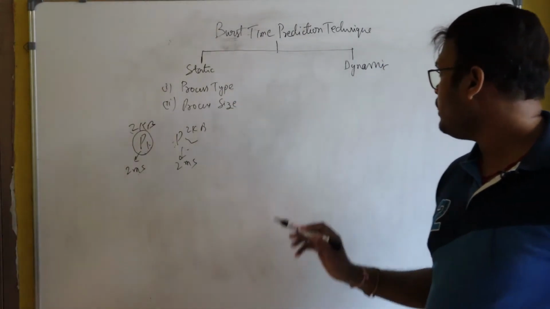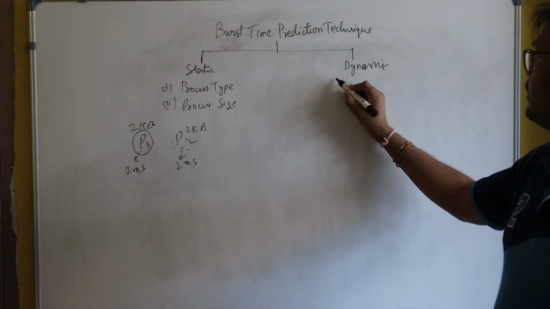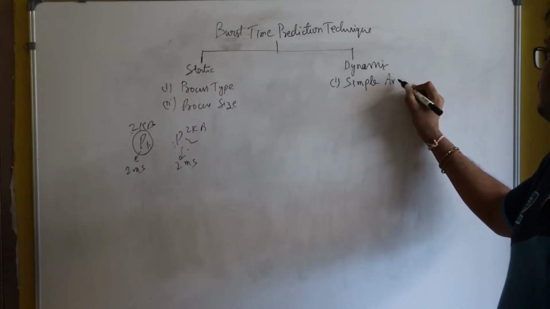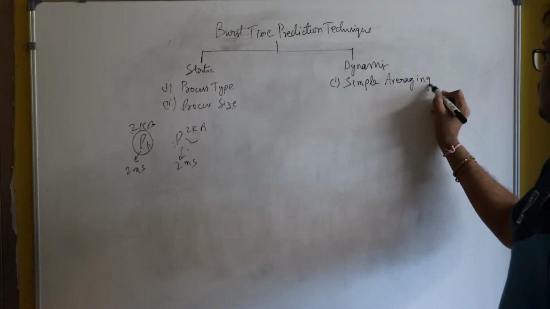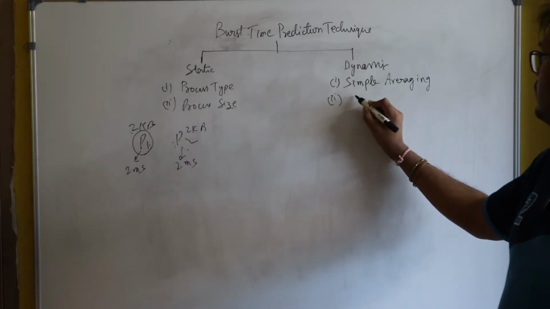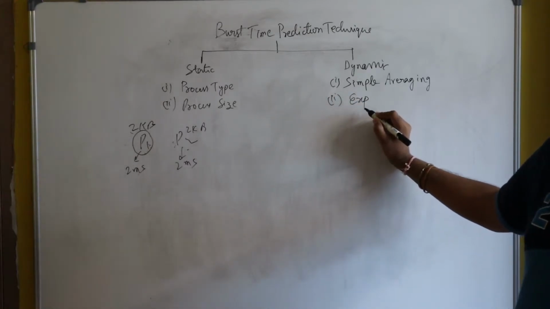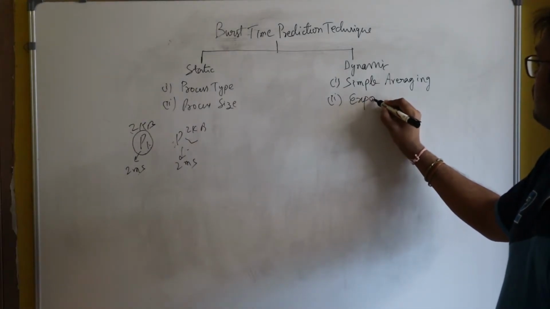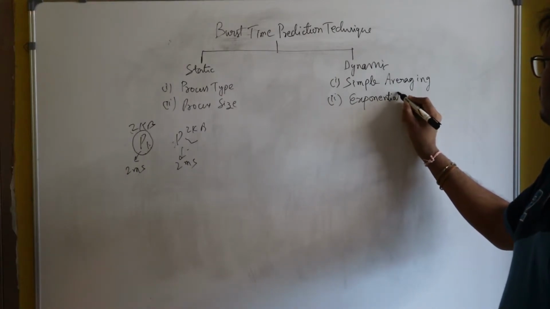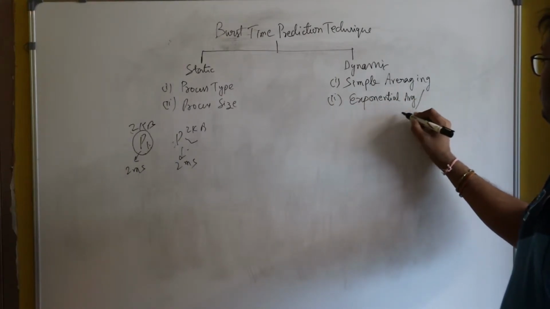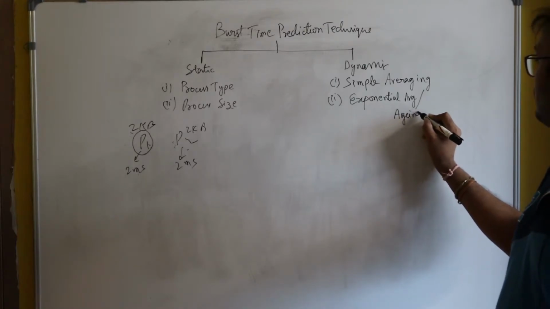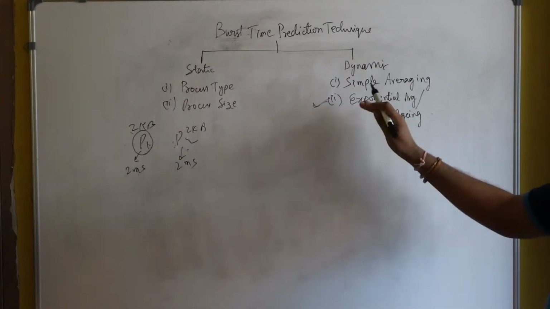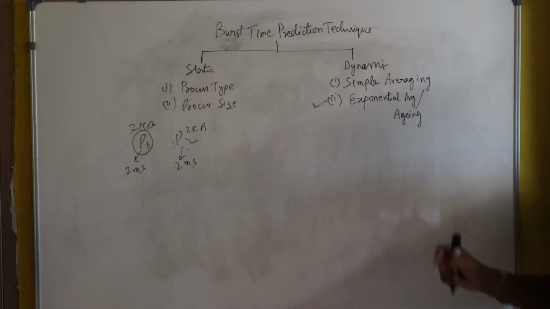Now let's come to the dynamic part. The first one is simple averaging, and the second one is exponential averaging, which you can also call aging. The exponential averaging is important, so I will teach you this, but let me first give an introduction to simple averaging.